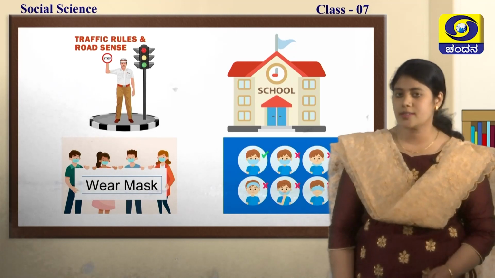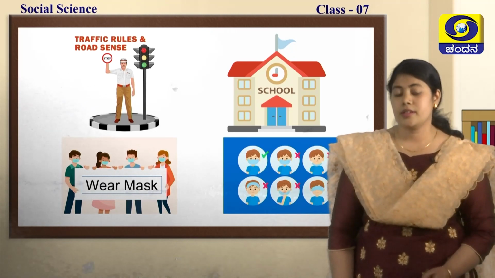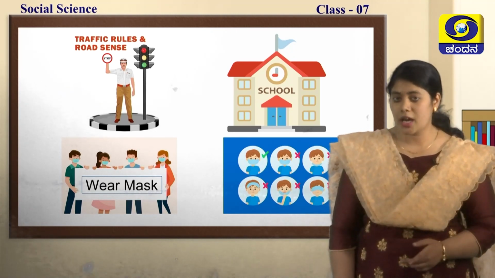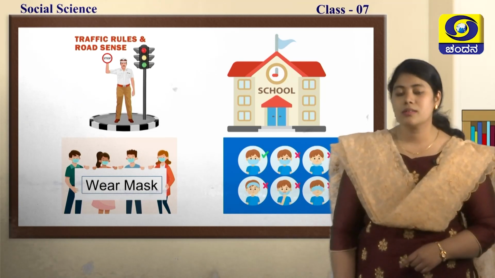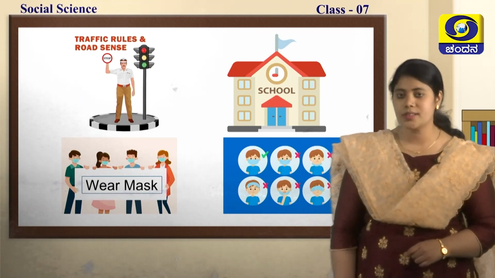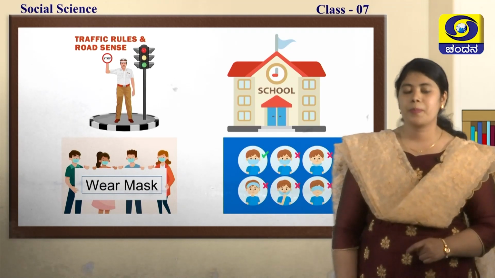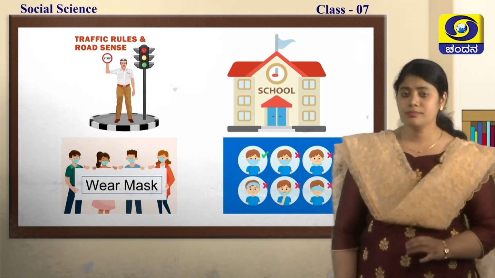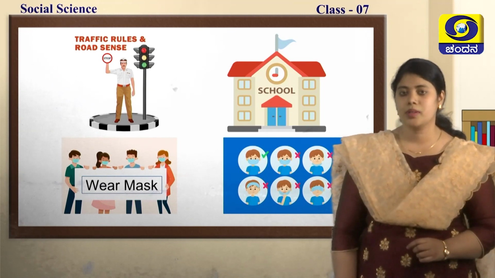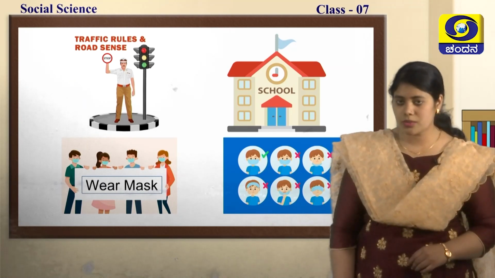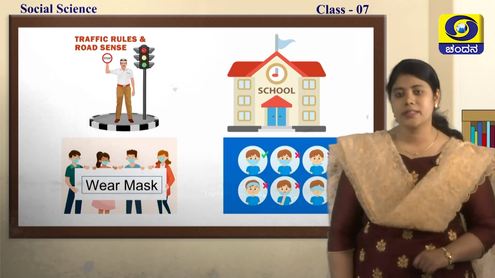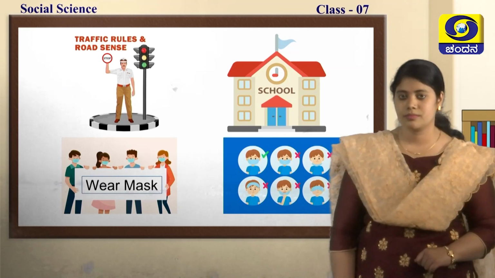Next. If we are moving in a car, we have to put on a seat belt, right students? Good. Next. Yes, obviously. While crossing the road, we have to cross on the zebra crossing, right?